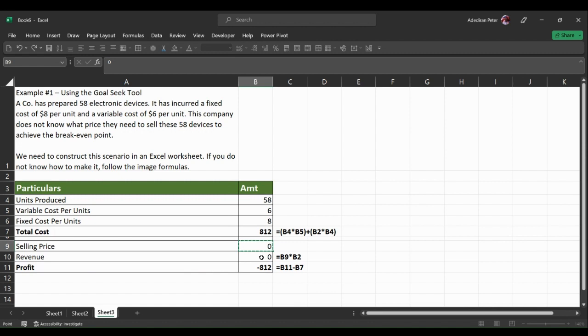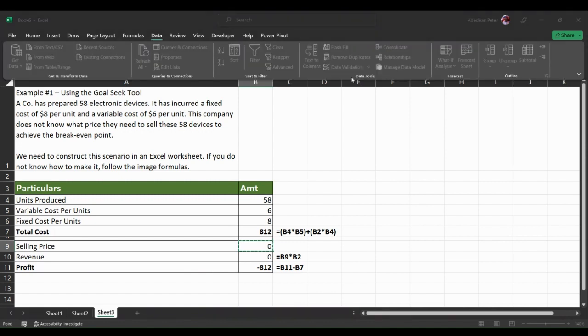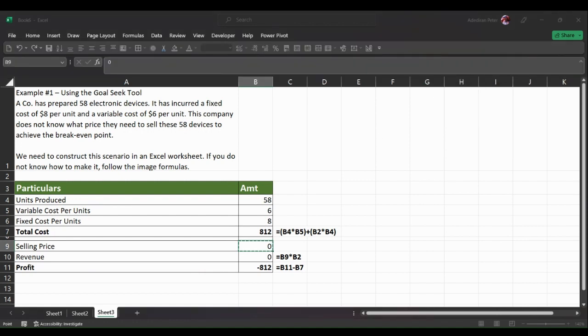So let's do it. I hope you get what I did. I went to Data, clicked on What-If Analysis, and also clicked on Goal Seek to arrive at this point. Our set cell is the profit cell, while our to value is zero. We enter zero there, while the by changing cell is going to be our selling price. So let's click on OK to run this.